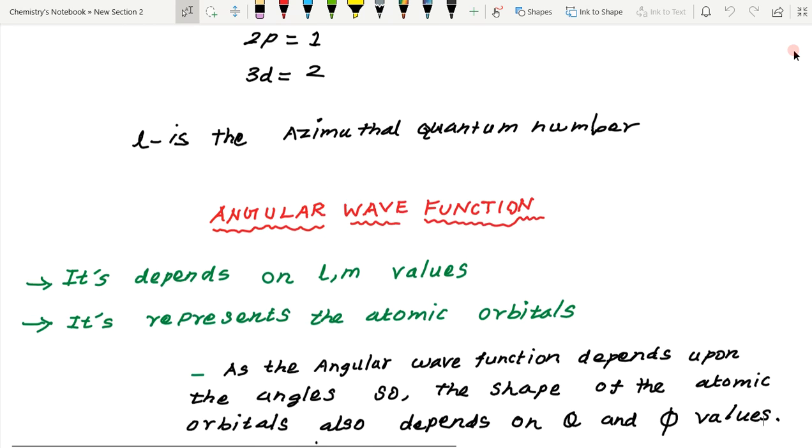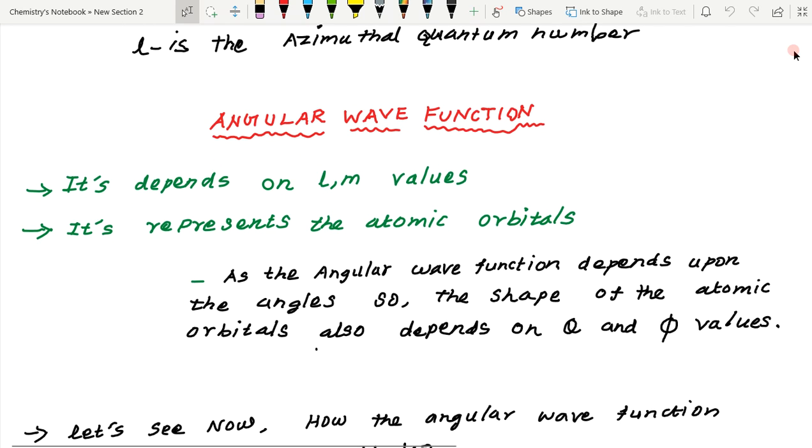Next, angular wave function. The angular wave function always depends on the l and m values, and it represents the atomic orbitals.